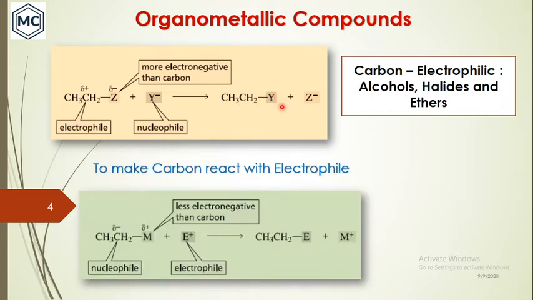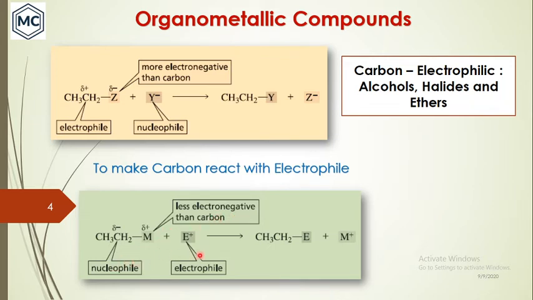Suppose we want to make carbon react with an electrophile, what should we do? We have to make this carbon a nucleophile. So we have to attach this carbon to a less electronegative atom than carbon, that is, a metal.